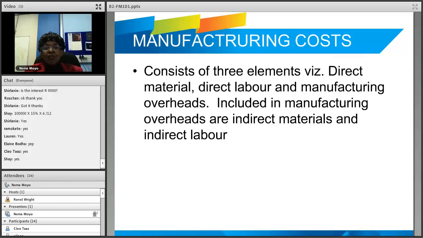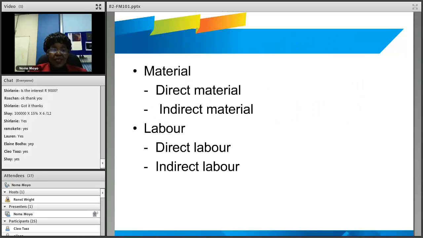Manufacturing costs comprise of direct material, direct labor, and manufacturing overheads. Included in manufacturing overheads are indirect materials and indirect labor, like the supervisors that we talked about in the factory, like the crane drivers that we talked about in the factory. Those are expenses that cannot be directly attributable to the finished product, that you cannot see. They're attributable, but you can't see them in the finished product.